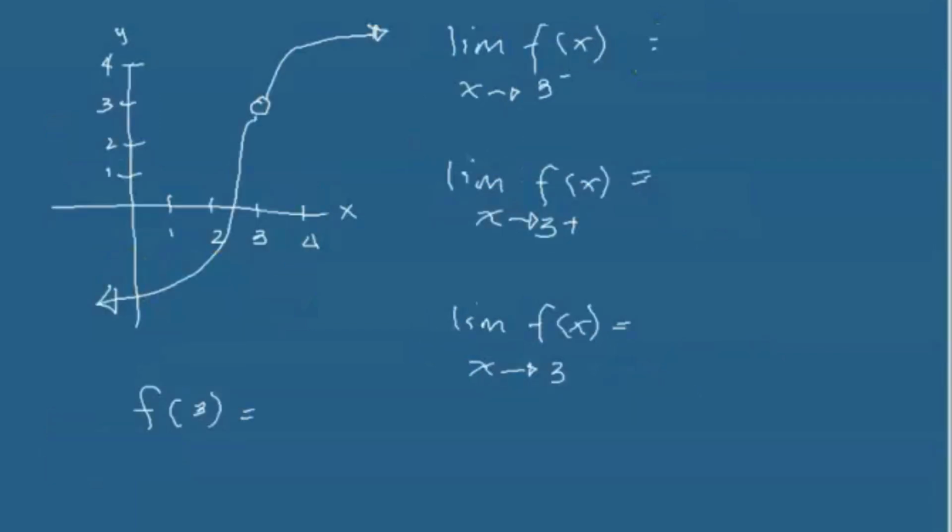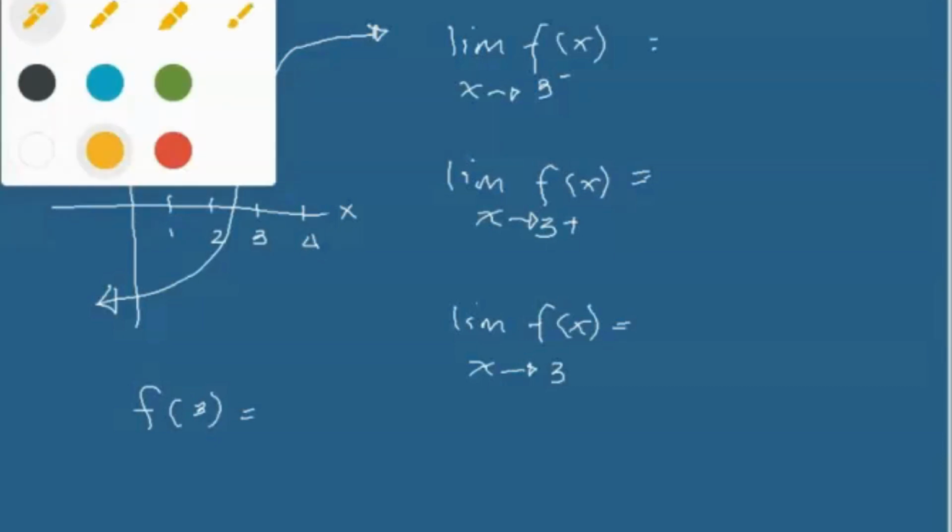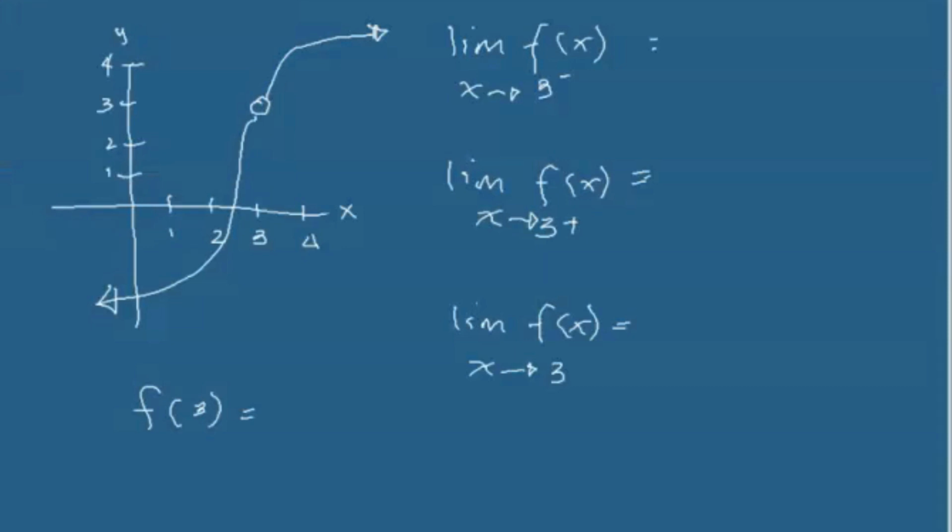So our next function is discontinuous, but even if our function is discontinuous because of the presence of this hole, we can still find the limits. Okay, so let's start with finding the limit of f of x as x approaches 3 from the left-hand side.